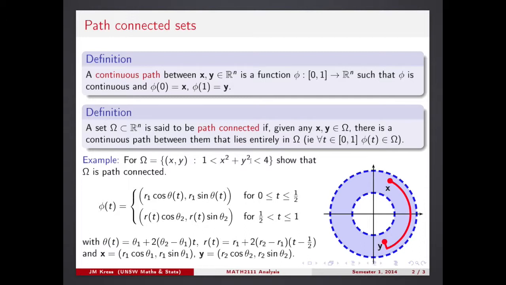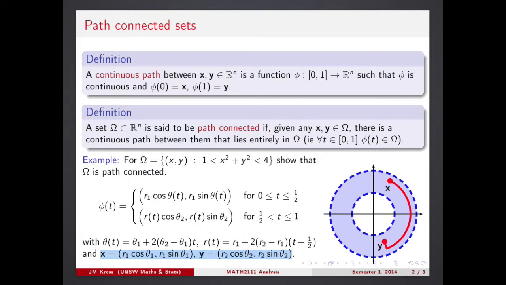Look at this. He said, if you have 2 points given by polar parameters, r1, theta 1, r2, theta 2, he gave the exact, explicit analytical expression for this path connecting these 2 points.